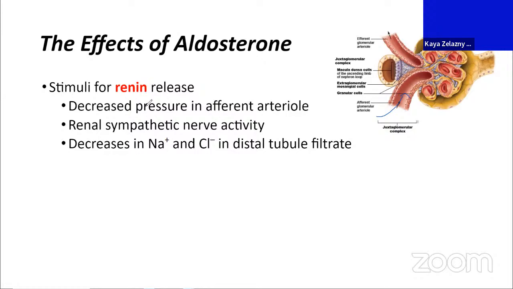And the final part is that this end part of the nephron coming back up is right here in the juxtaglomerular apparatus, touching everything else. This means we can also sample what's in the distal tubule filtrate, because that's where that fluid is going next. If we sense a decrease in the sodium and the chloride in the distal tubule filtrate, that's a sideways measure of having a lower flow through that distal tubule.